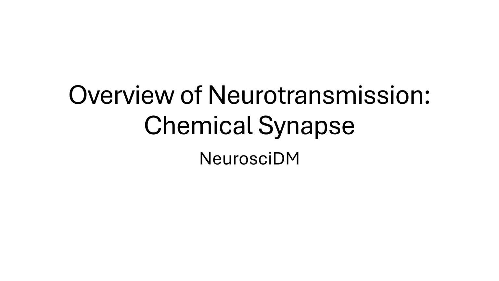I am Neurotransmission, and in this video, I would like to give you a very simple overview of neurotransmission, which is how neurons and receptors talk to each other and how they can talk to, like, your skeletal muscles.